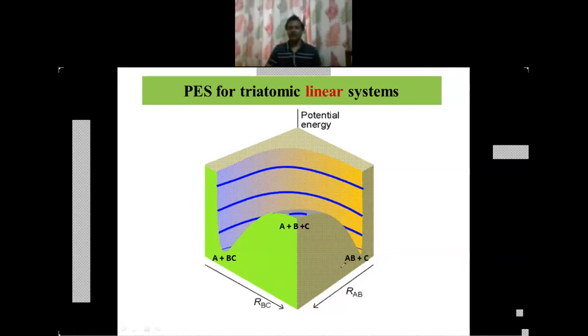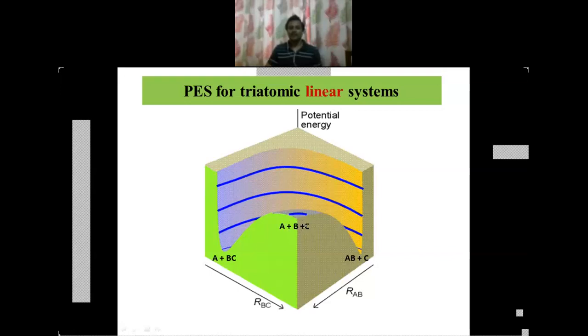Now you can look at here, this is A plus B plus C, so that means all the three atoms are infinitely separated, right? A is infinitely separated from B, B is infinitely separated from C, and C is also infinitely separated from A. So all are infinitely separated. You can think about three individual atoms before any interaction.